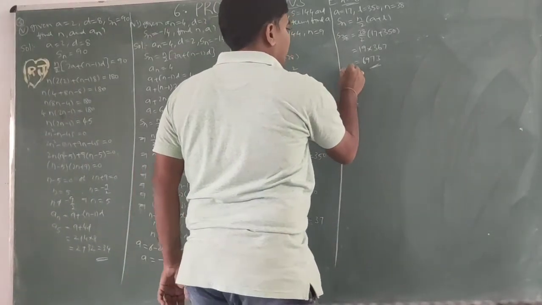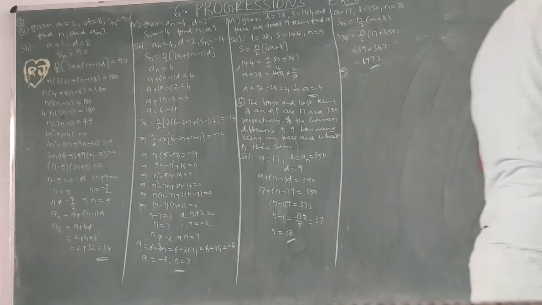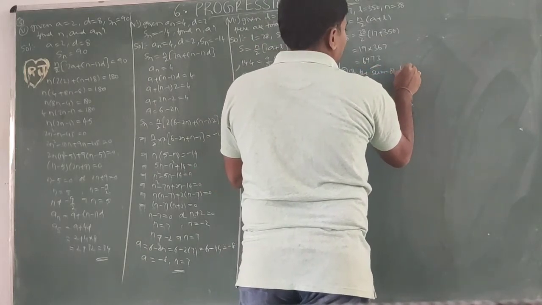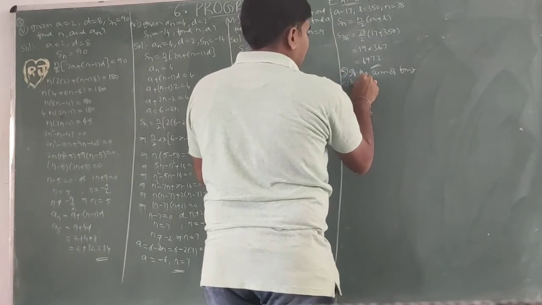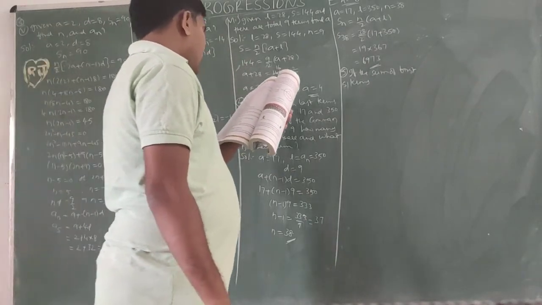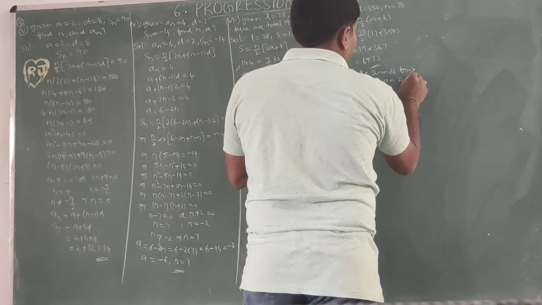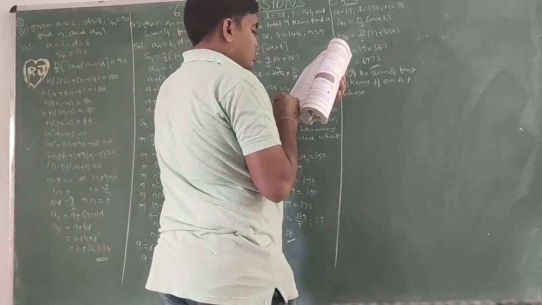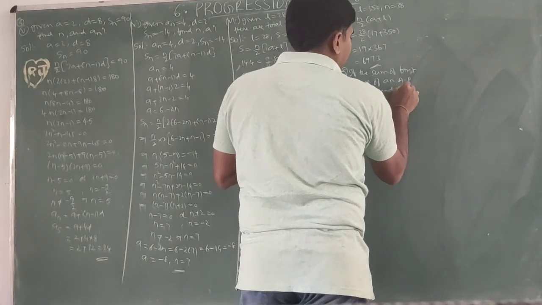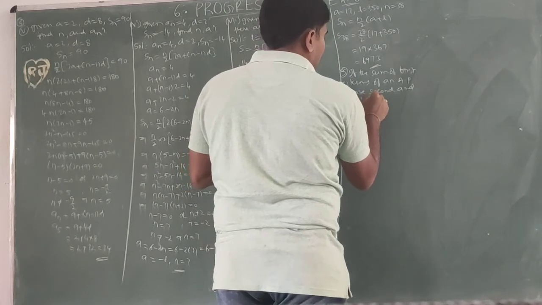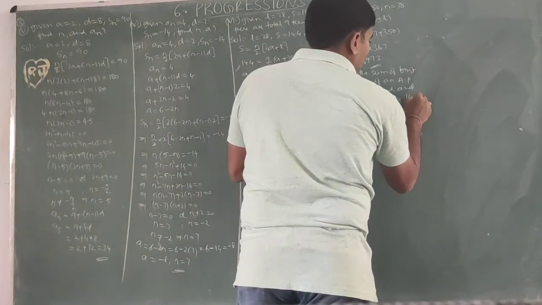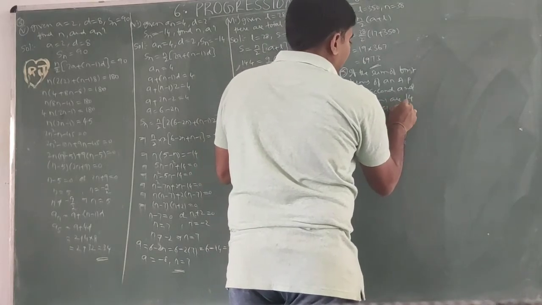Next, question number 5. If the sum of first 51 terms of an AP whose second and third terms are 14 and 18 respectively.